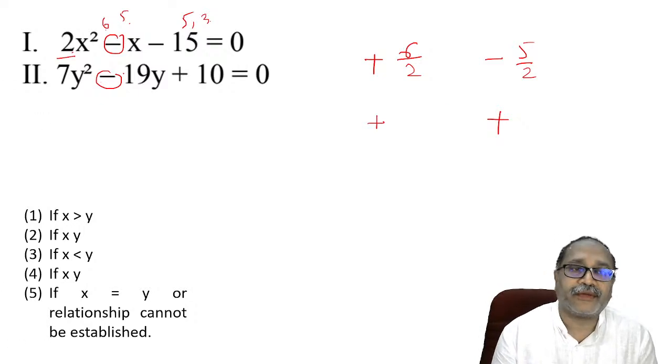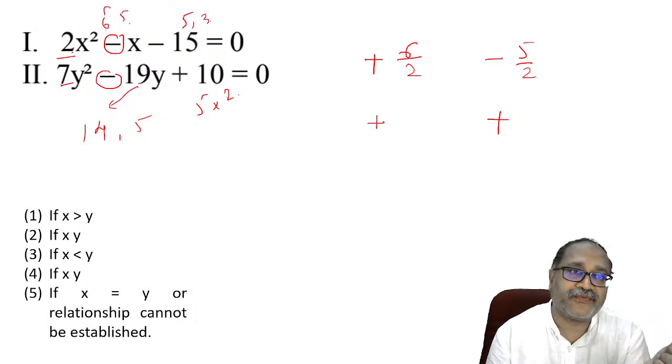Now coming to y, I will break this number as 5 into 2, and this 7 is there, 7 into 2 is 14. Look at this number, 14. 7 into 2 is 14, plus 5 is 19. So here the difference is 1, here the sum is 19.